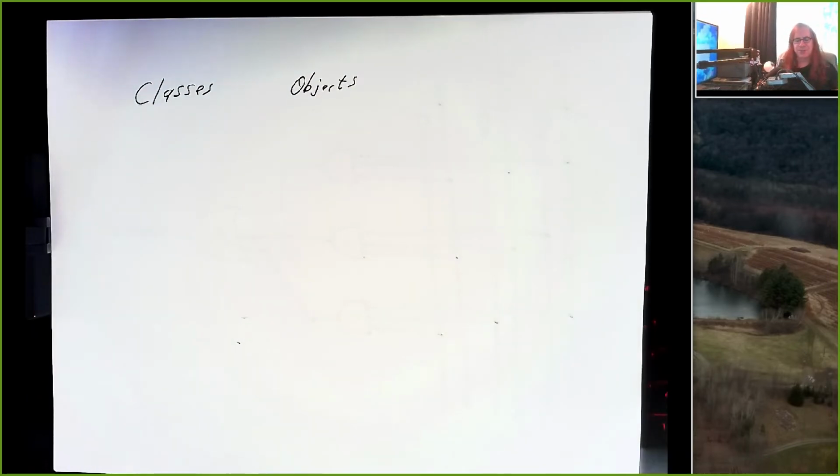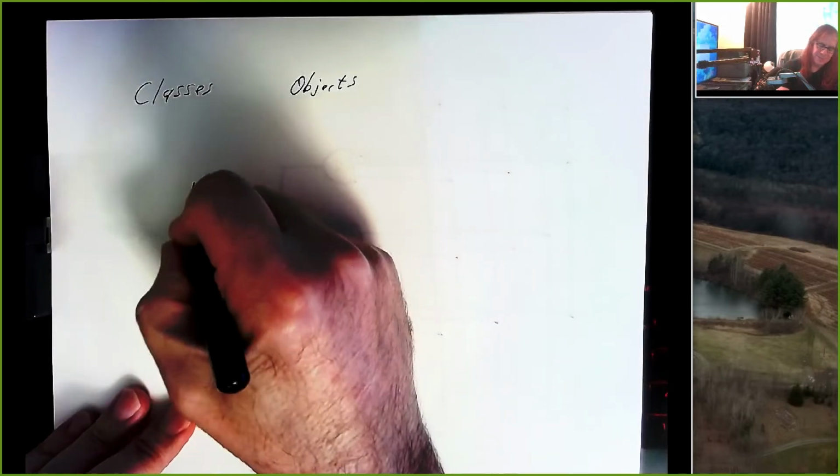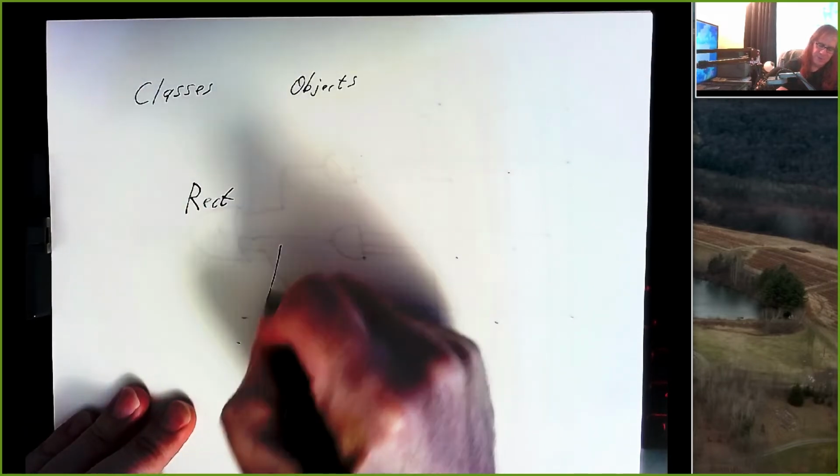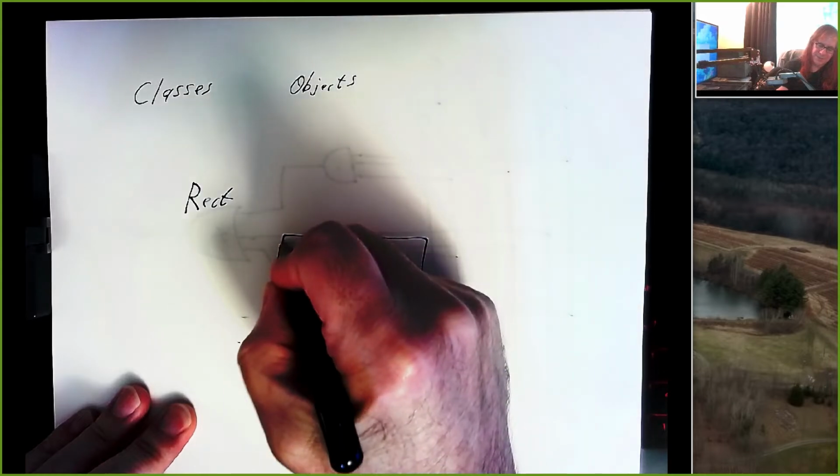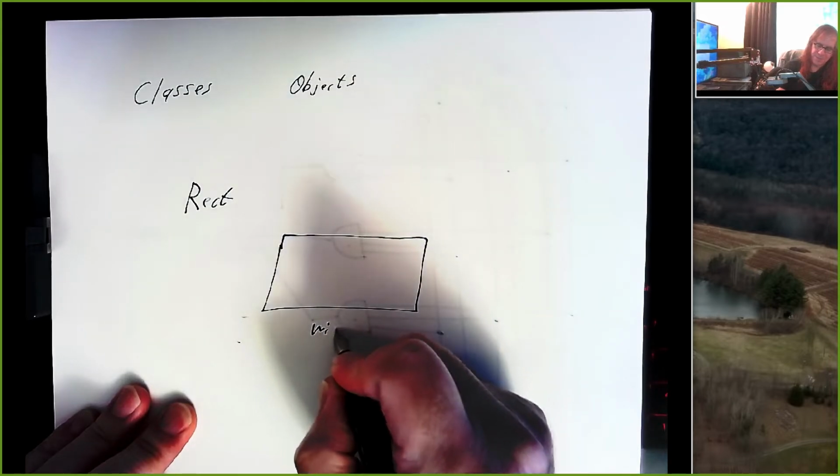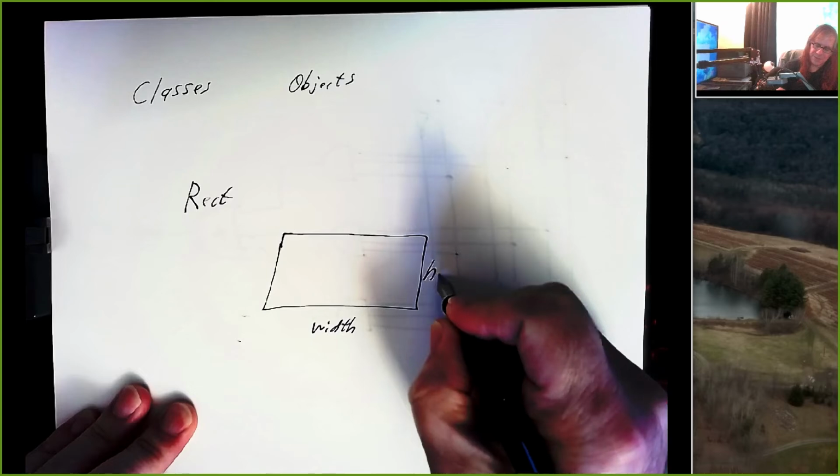Alright, so here's what I want to do. I want to go through some coding examples of a particular class, and the class we're going to start with is just a rectangle, which we're just thinking of as something with a width and a height.